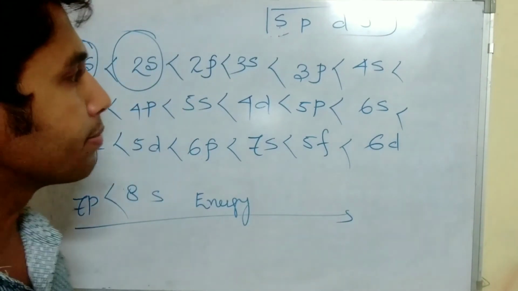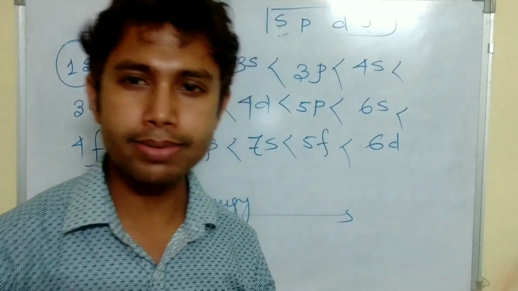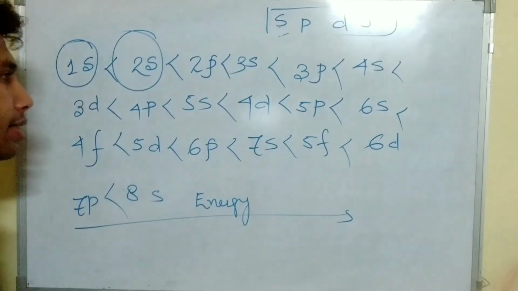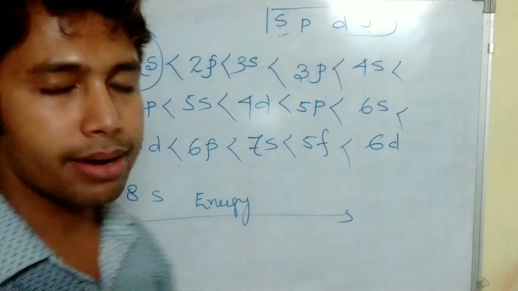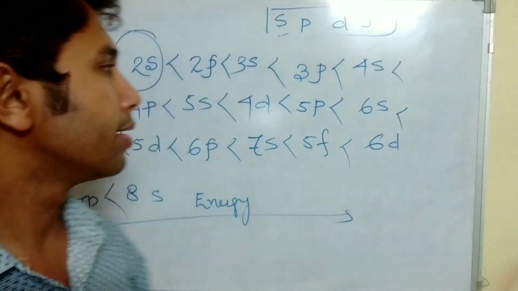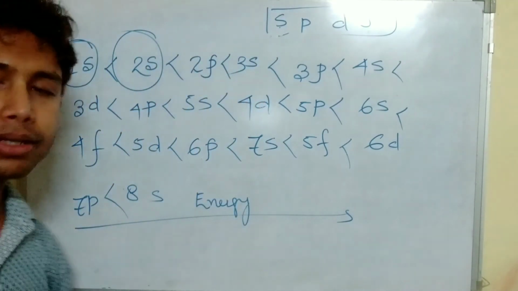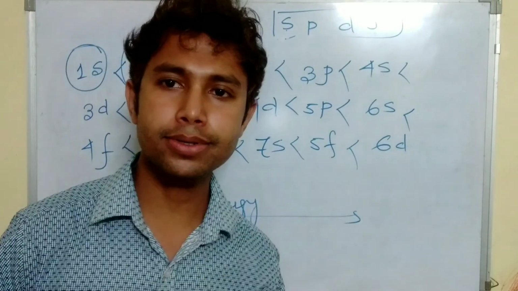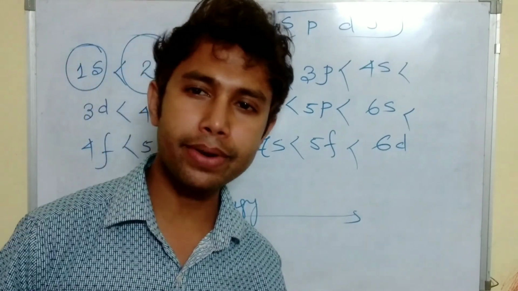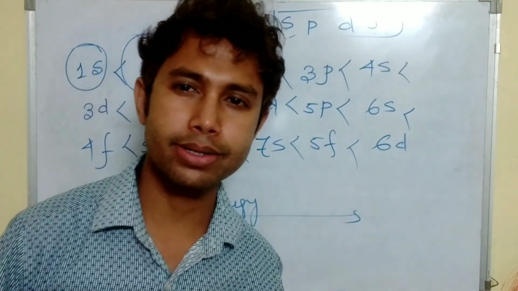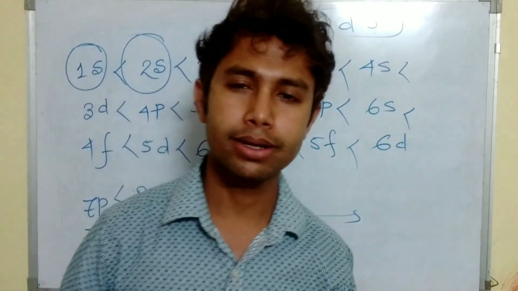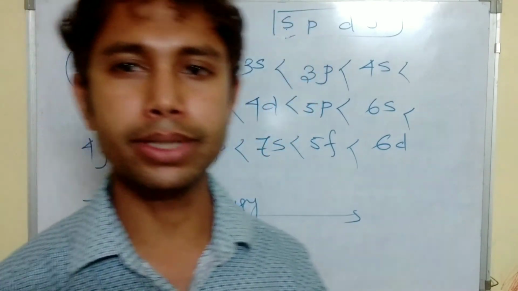So this Aufbau principle gives us the idea about filling up of orbitals in an atom in the order of their increasing energies. Students, it is a very important rule which directs us how to fill up the orbitals in an atom with electrons.